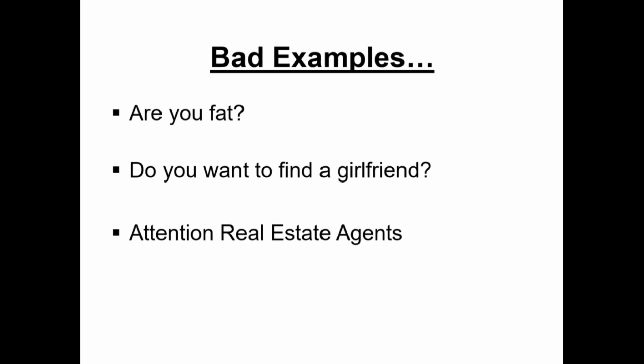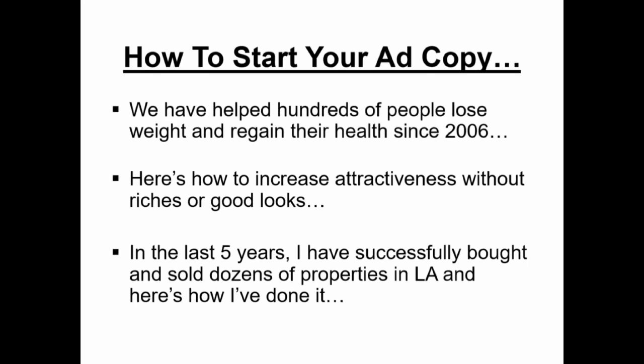Can you imagine that on a more sensitive level, you put something along the lines like, are you a Christian, or attention Muslim people? This is obviously going to be sensitive altogether, so you want to avoid that kind of language. So even if your ideal audience are Christians or people of certain religious beliefs or a certain niche of people, you want to word it in an indirect way.